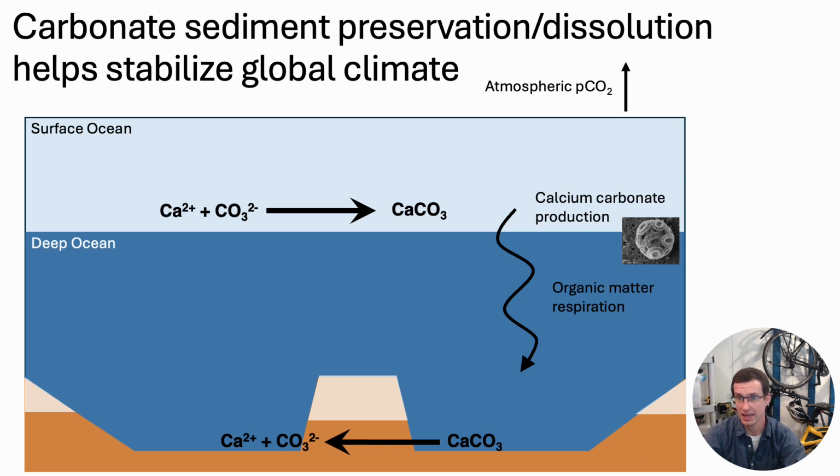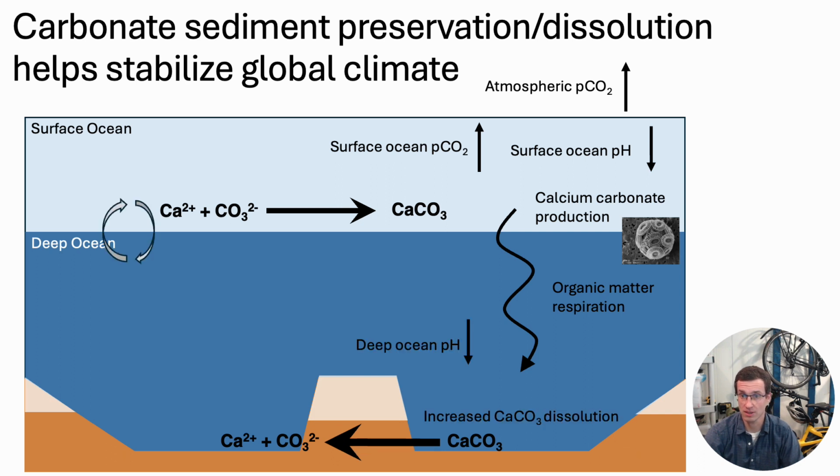What can happen is that if atmospheric pCO2, the partial pressure of carbon dioxide in the atmosphere, goes up, we're not going to talk about the reasons why, but let's say it goes up, that causes then the surface ocean carbon dioxide to go up, right? We talked about gas exchange and how increasing the CO2 in the atmosphere then will increase the CO2 in the ocean through gas exchange, so the surface ocean pH will go down.